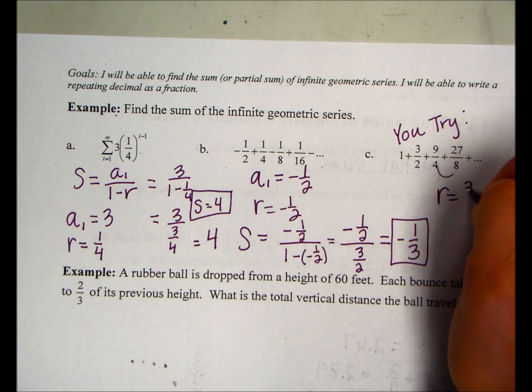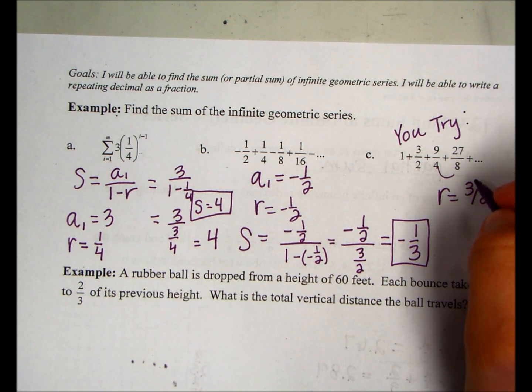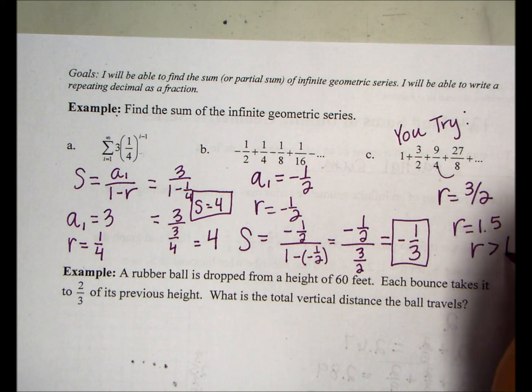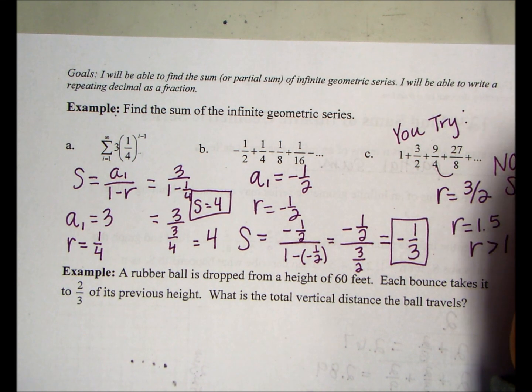So my r value here is 3/2. Remember I said my r value has to be less than 1. Well, this is 1.5. So since my r value is greater than 1, there is no sum.